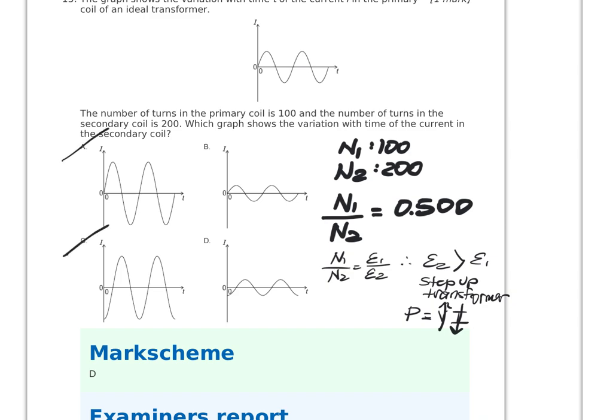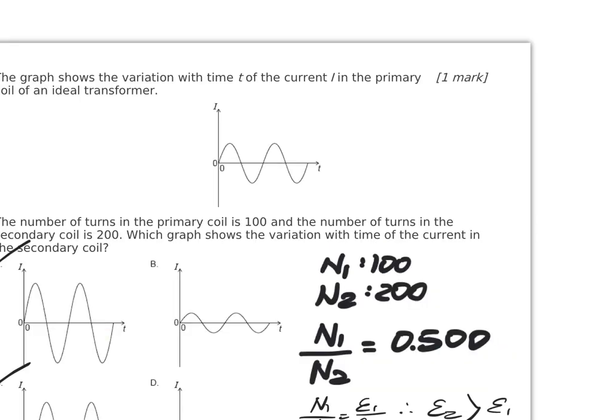But now what's interesting here is let's take a look at the phase change. The answer is D, and there's a 90-degree phase change. Now why is that? Let's remember that what transformers do is they induce a voltage and therefore a current from the primary coil to the secondary coil, but you get the most induction when you get the greatest change in flux.